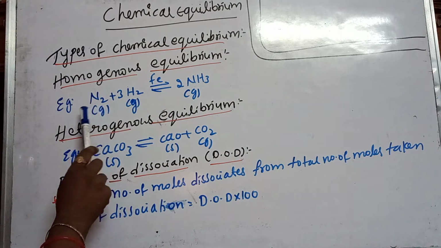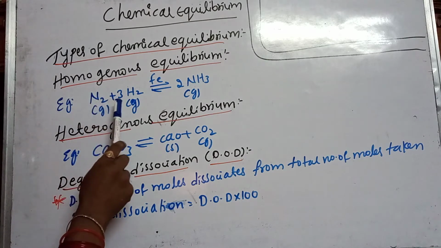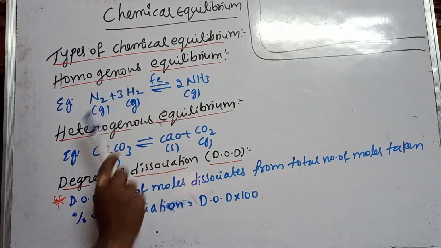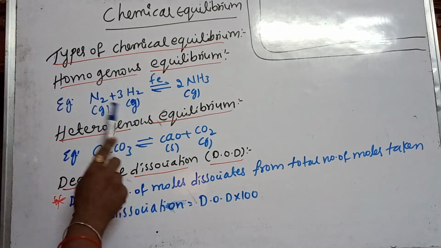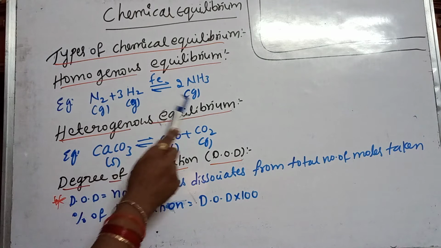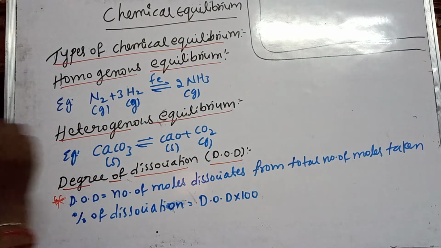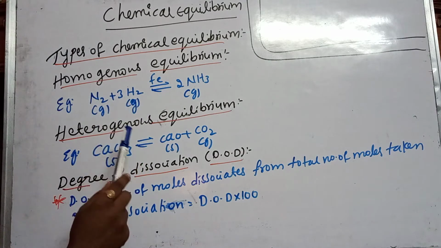For example, 1 mole of nitrogen reacts with 3 moles of hydrogen gas to form 2 moles of ammonia gas. All compounds are present in the gaseous state only, the same phase. Such a type of equilibrium is called homogeneous equilibrium.